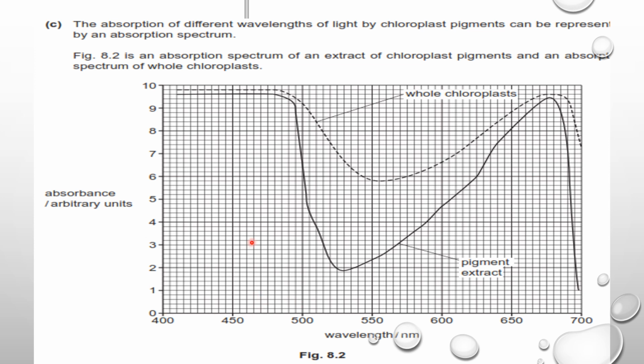So you can see certain wavelengths there. Overall, if you want to describe the difference, whole chloroplast absorbs more. It has higher absorbance overall compared to the pigment extract.